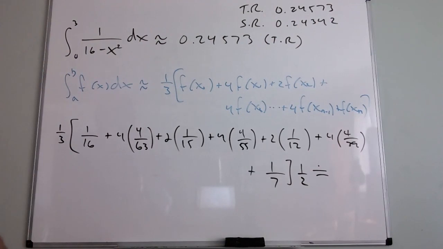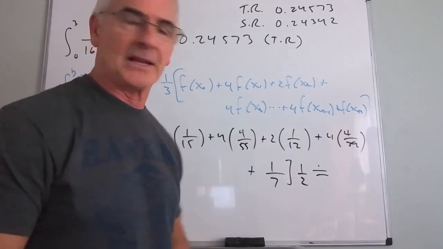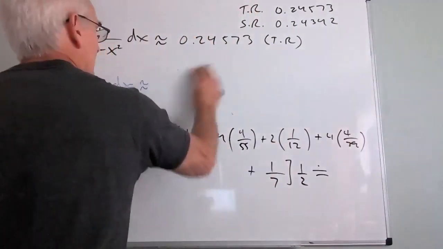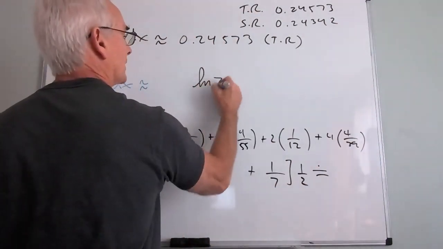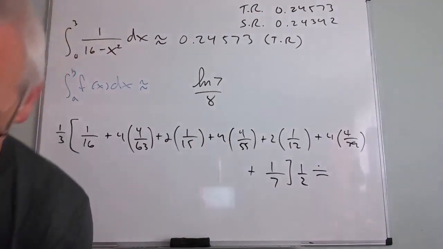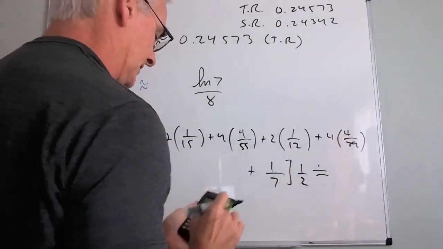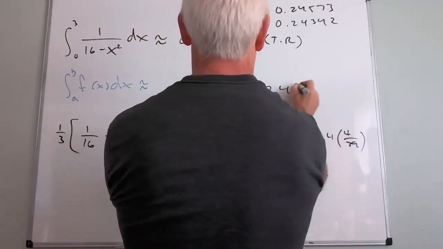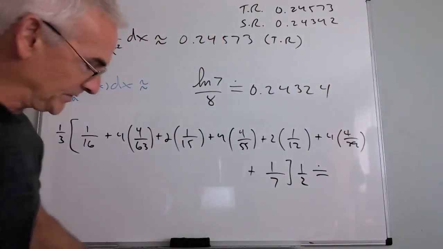Now, would you say those answers are very, very close? Well, duh, yeah, they don't differ till the third place. Now let's go back to our original. I keep erasing things. In a classroom, I would not have erased anything. All right, so log 7/8 is approximately 0.24324. So what do you notice?